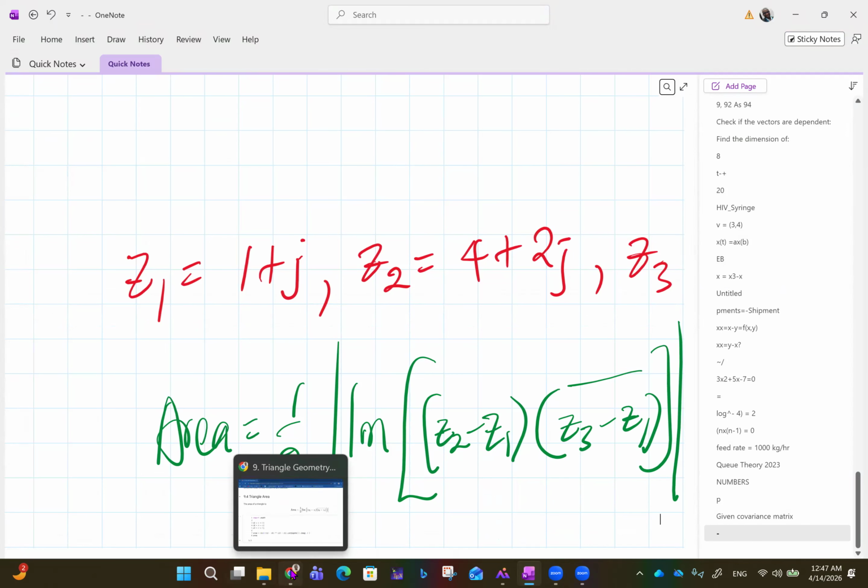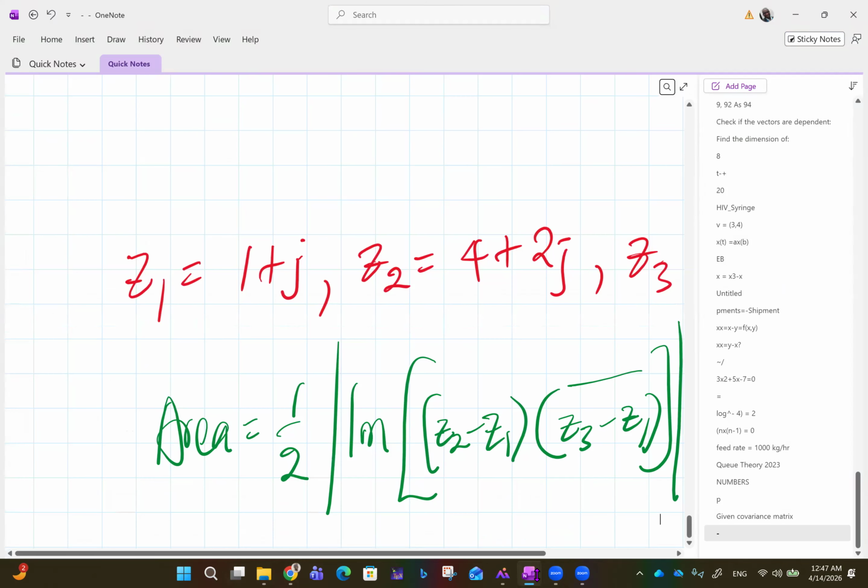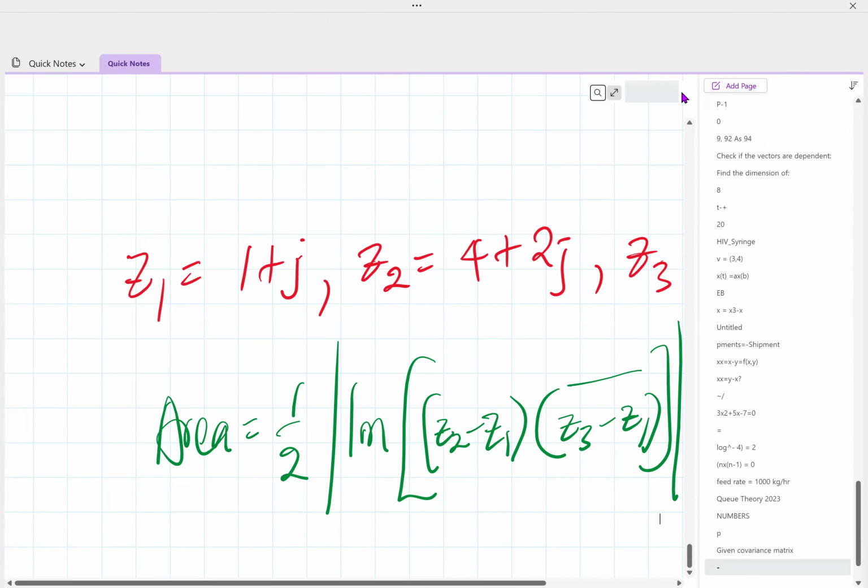Let me confirm for the last time: z2 minus z1, then the conjugate of z3 minus z1. All right, I think we're good now.